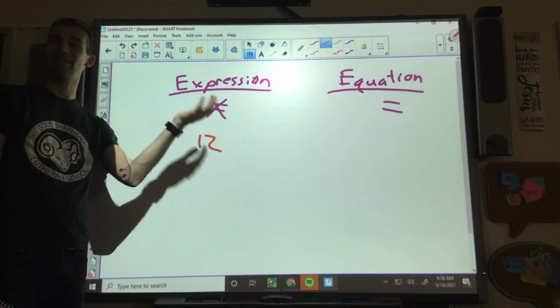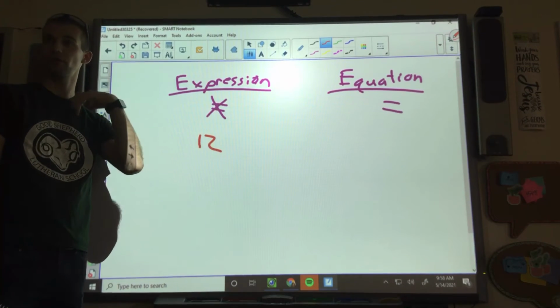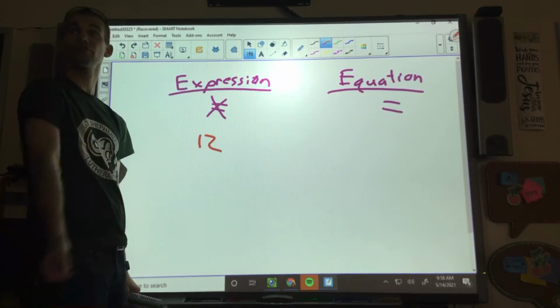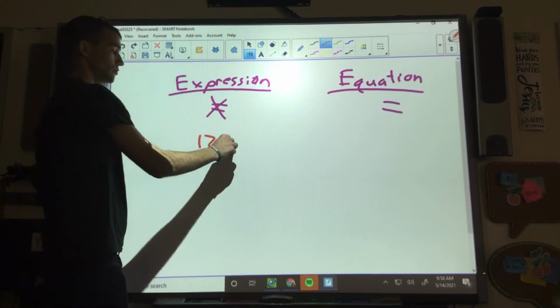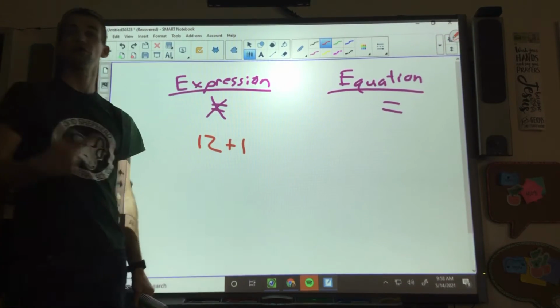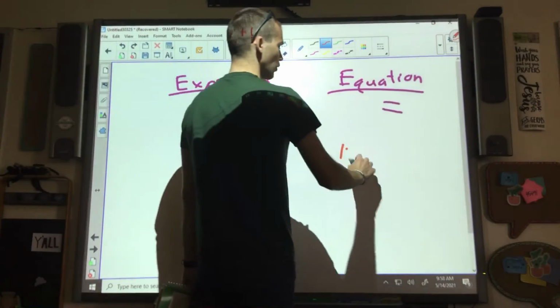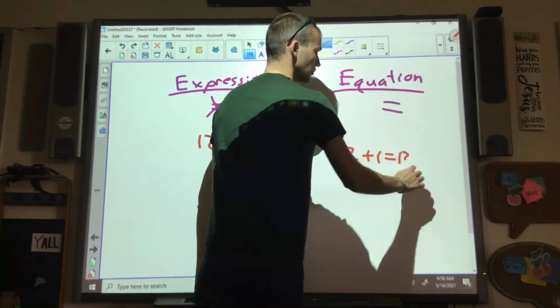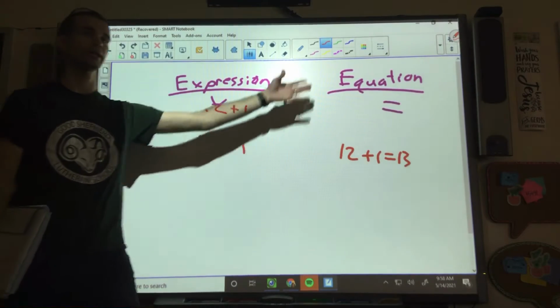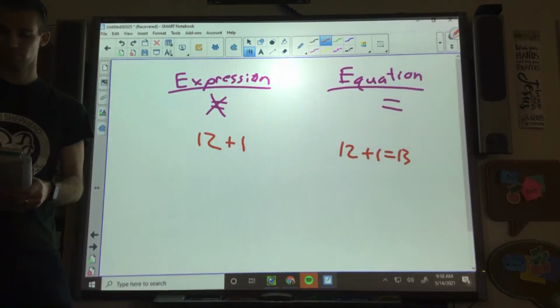An expression means I've got addition, subtraction, multiplication, division, those things in it. So I've got 12. Another year from now means I'm going to do 12, what? Plus 1. 12 plus 1. And then if I were to turn this into an equation, I would say 12 plus 1 equals 13. Expression, no equal sign. Equation, equal sign.